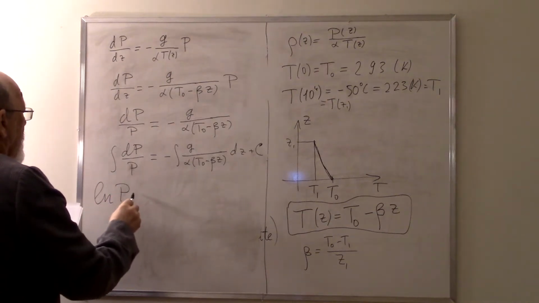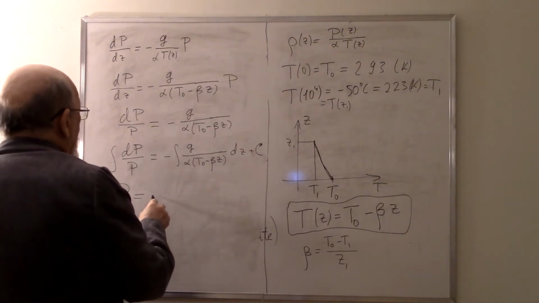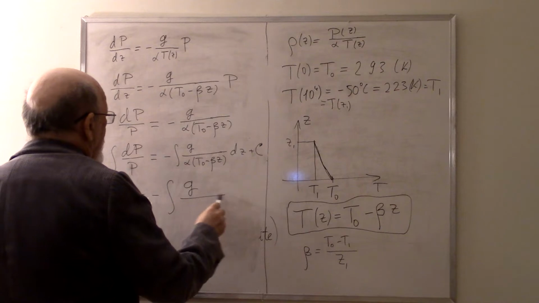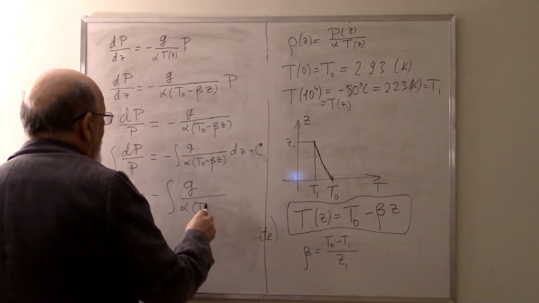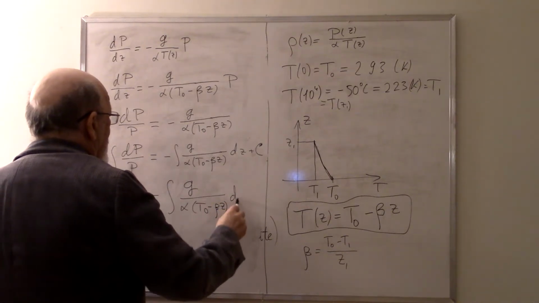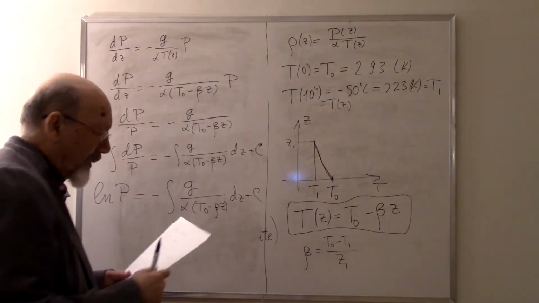Logarithm P equals minus the integral of G divided by alpha, T0 minus beta Z, dz, plus C. Now we have to find this integral.